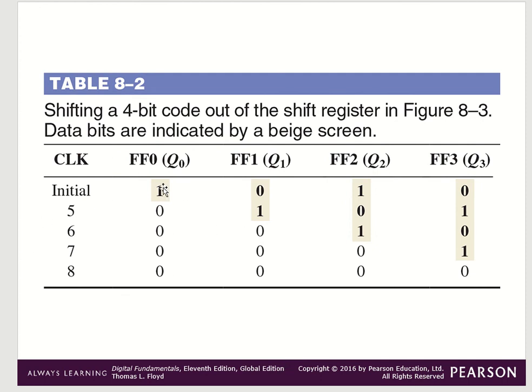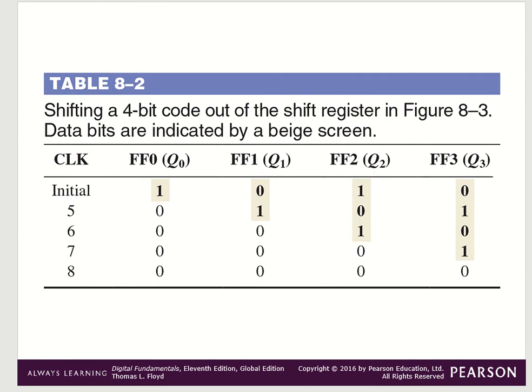So initially the 1010, now it is going out one by one. First this 0 is going. If the 0 is going, then what will happen? 101. Now if this 1 is going, what will happen? 10. Now it is only 1. Now everything is going out.